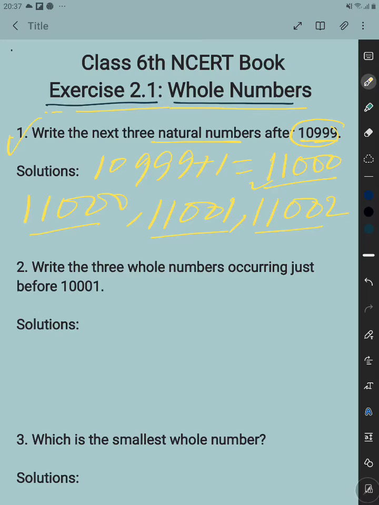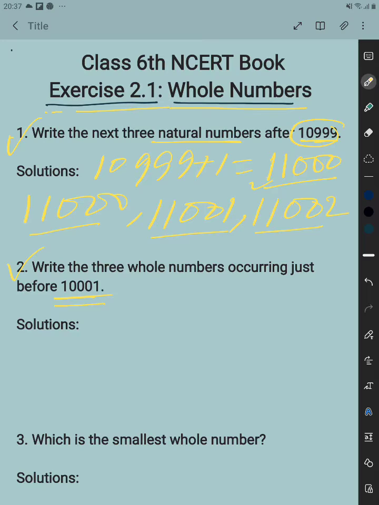Okay, so now coming to question number 2, write the three whole numbers occurring just before. Just before means you have to subtract 1 three times. If you subtract 1, you will get the first number, then subtract 1 more, then you'll get the next number, and so on.